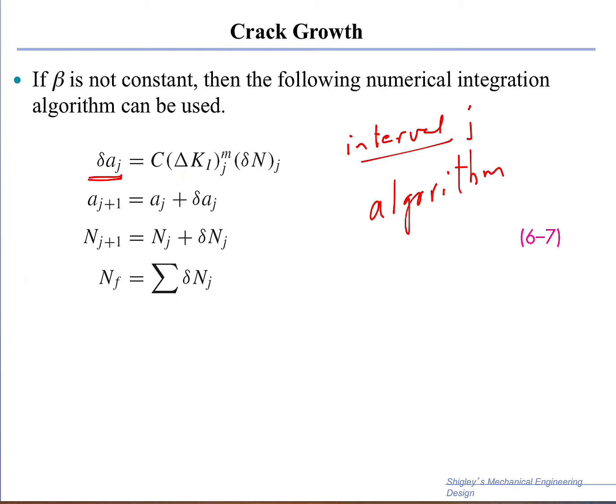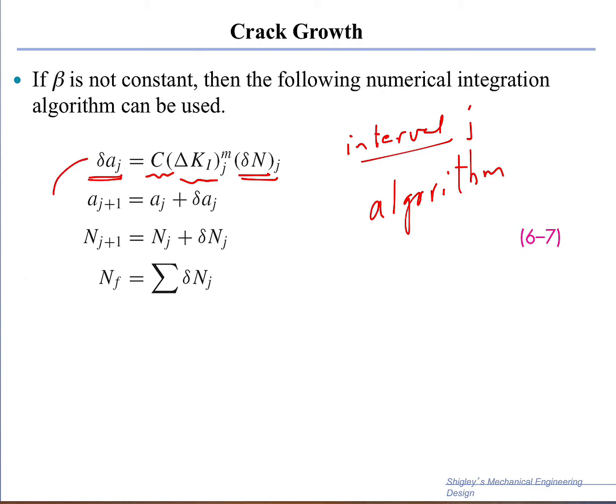So you can determine how many cycles in that time interval. Could be 1 cycle, could be 10. So this is delta N j, which is 1 or 10 or 15, whatever you want to decide. For that number of cycles, we would consider both C and delta K to be constant. So within this small number of cycles, we can consider those two parameters to be constant.